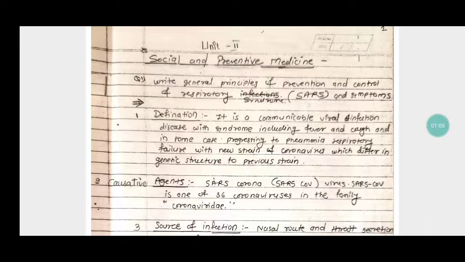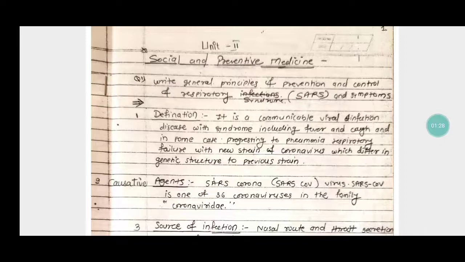So the definition for SARS: it is a communicable viral infectious disease with syndrome including fever and cough, and in some cases progressing to pneumonia. It is a respiratory failure with a new strain of coronavirus which differs in genetic structure from previous strains.